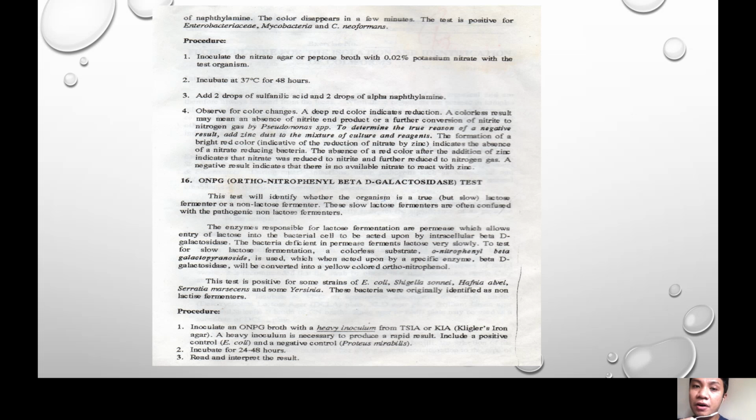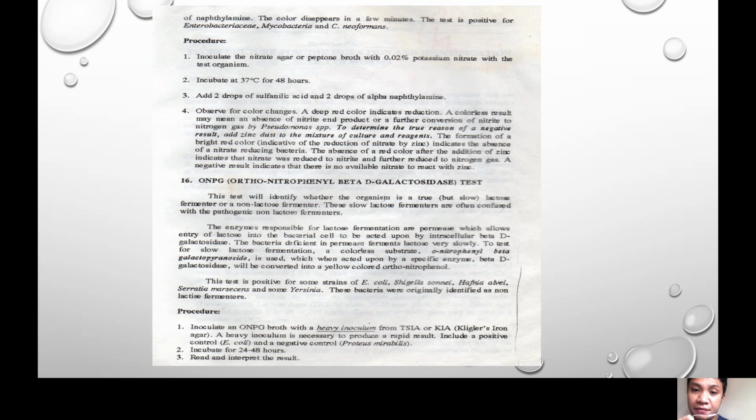Okay, lastly, we have your ONPG, orthonitrophenylgalactopyranoside. This is for lactose fermentation. This will identify bacteria containing two enzymes. Number one, permease, which allows the entry of lactose, and beta-galactosidase, which hydrolyzes lactose to glucose and galactose.